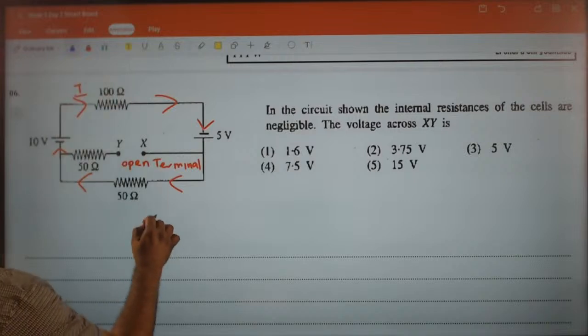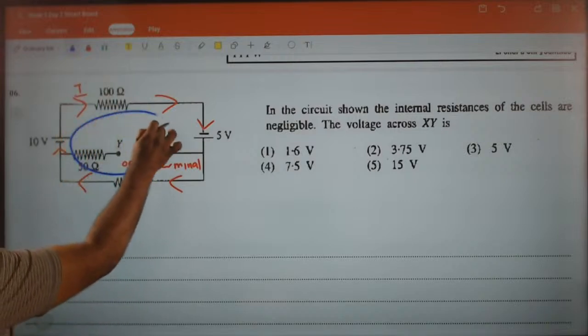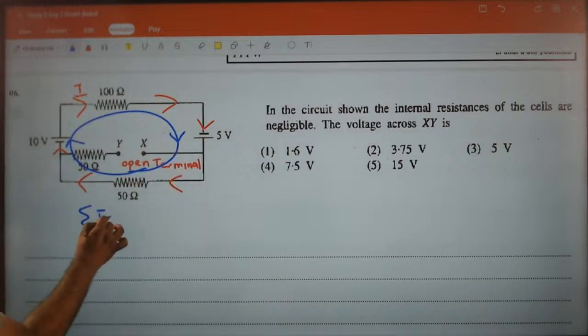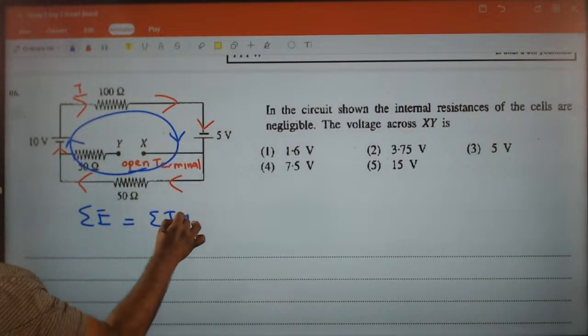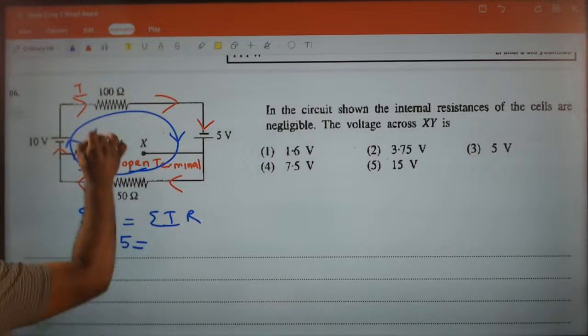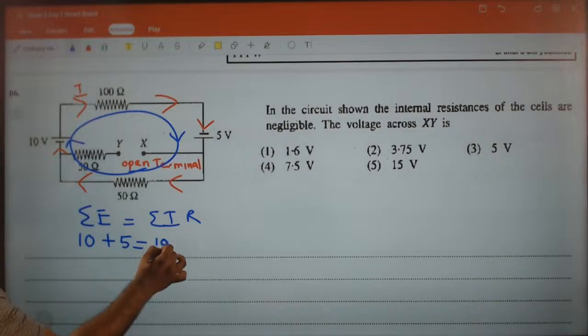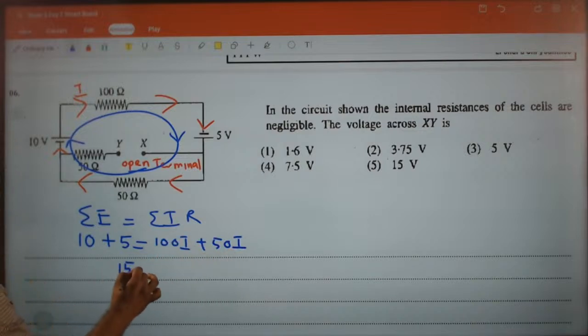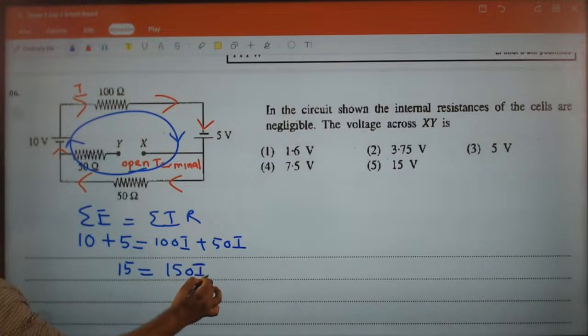If I apply Kirchhoff's law, minus to plus positive, the sum of EMF equals the sum of potential differences. Loop direction, current direction: 100I plus 50I. 15 equals 150I, so I is equal to 0.1 amperes.